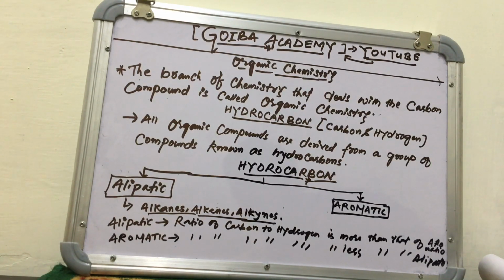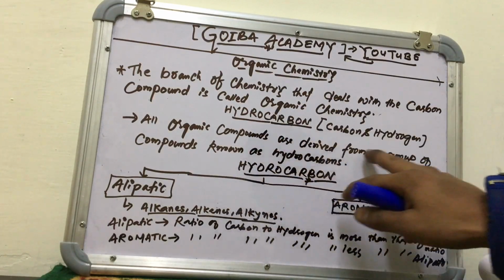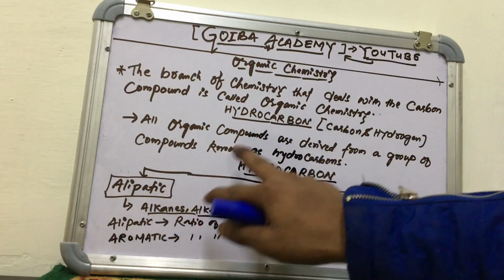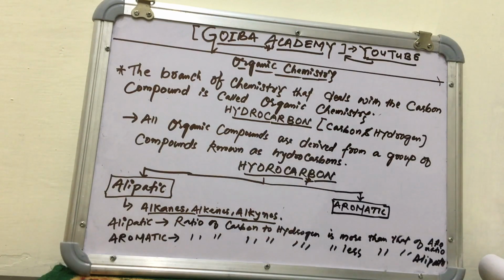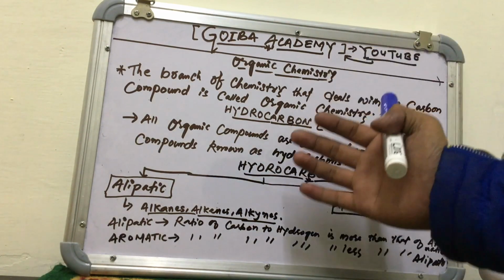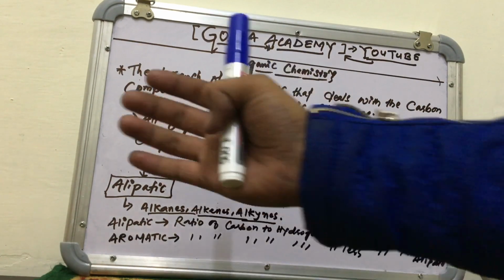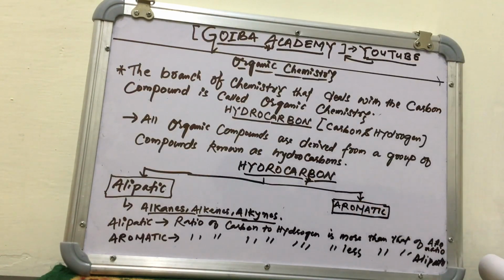All organic compounds are derived from a group of compounds known as hydrocarbons. And hydrocarbons are subdivided into two parts: aliphatic and aromatic.